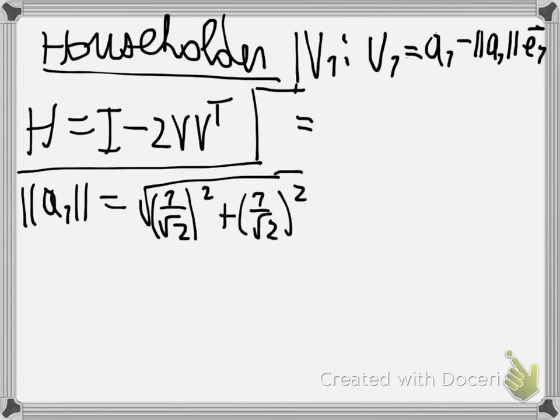The first entry is 0, so I don't need it. I get 1 over 2 plus 1 over 2, which is 2 over 2, so the square root of 1, which gives me 1. It's simple. So I get A1 minus E1, because the length is 1.